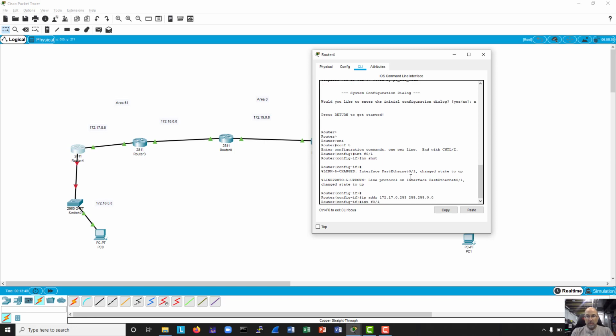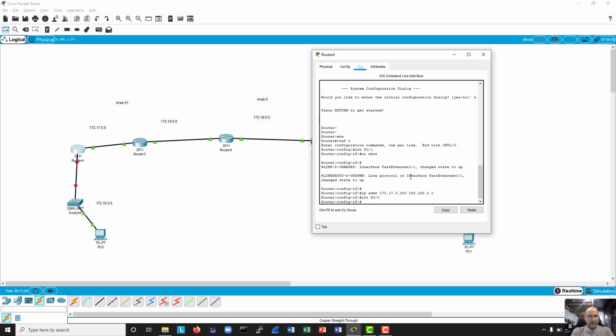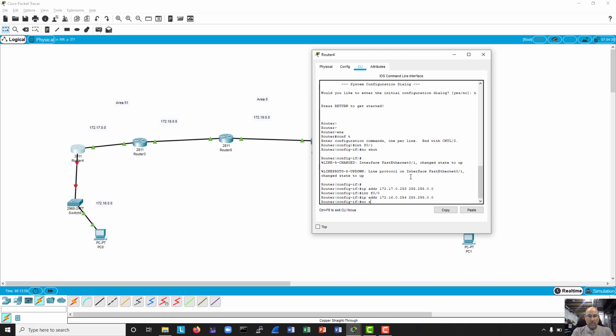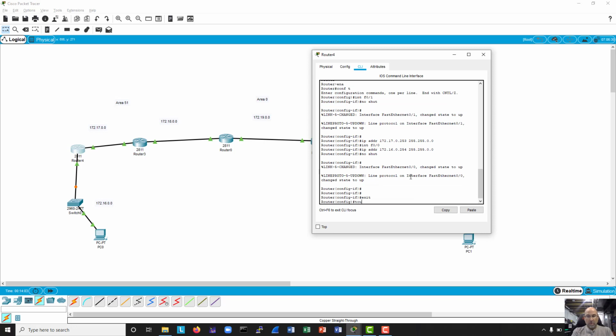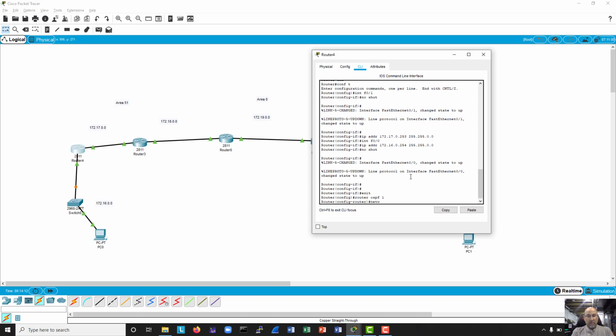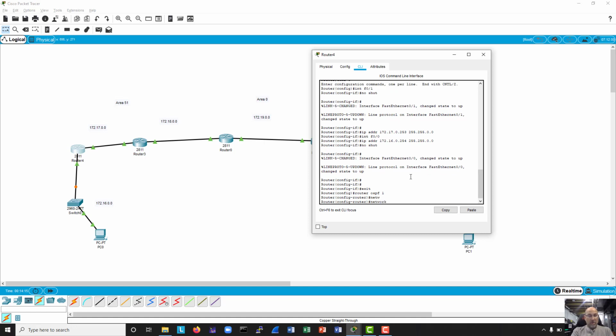And let's go to 0/1, and you should be 16. We'll make it 254. And we'll do router OSPF. Now both of these networks will be part of area 51.